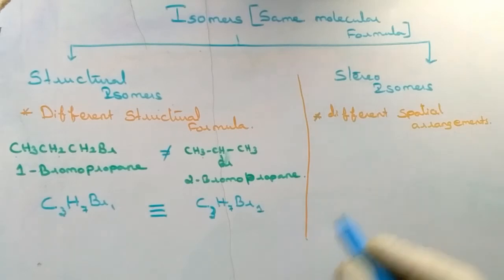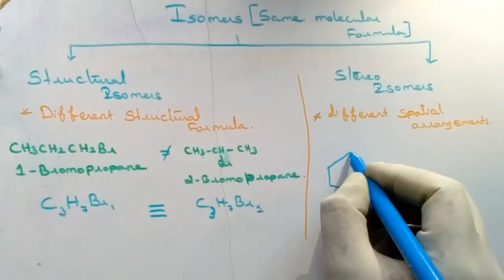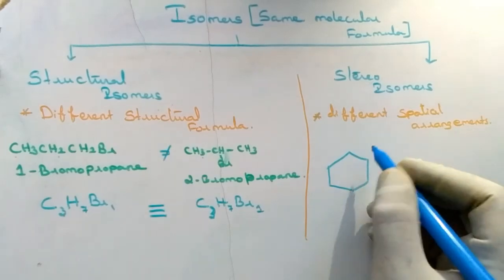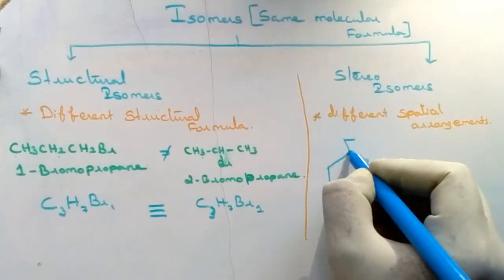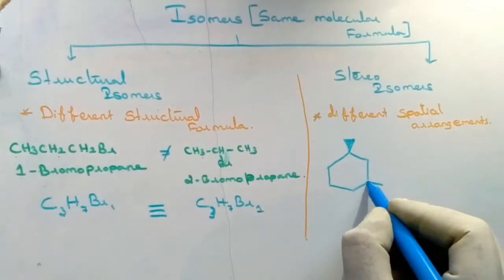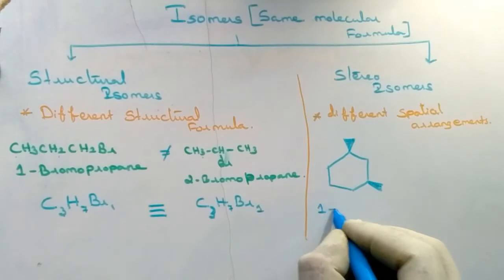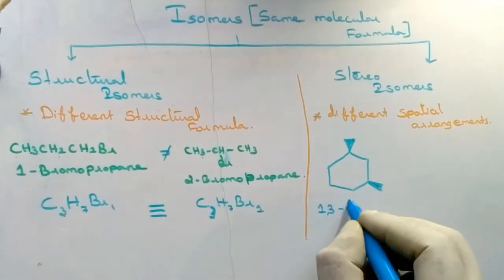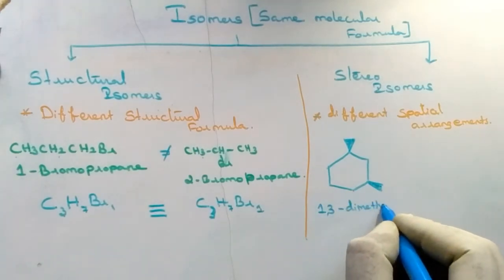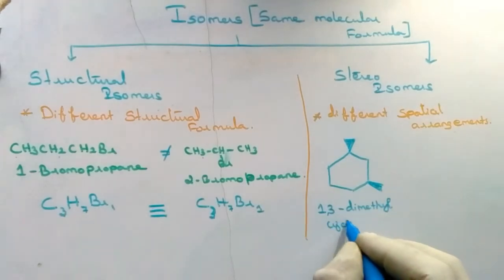Now I am going to write two compounds. The first compound is 1,3-dimethyl cyclohexane.